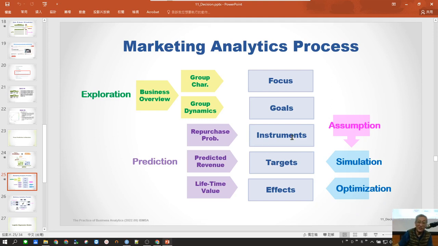Given the instrument, you want to choose the target that you want to apply it to, and evaluate: when I apply this instrument to this group of persons, what is the expected outcome? That is our final project.